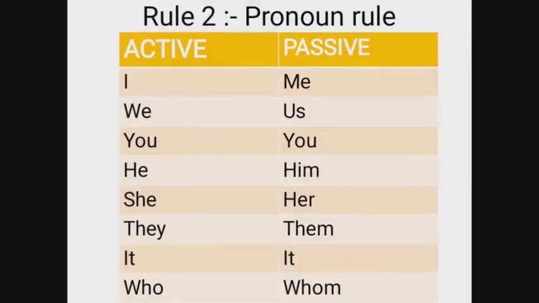The next rule we look at is the pronoun rule. Pronouns are words that are used in place of a noun. In the active voice, if the subject is I, in the passive voice it will change to me. If the subject is we, in passive voice it will change to us.